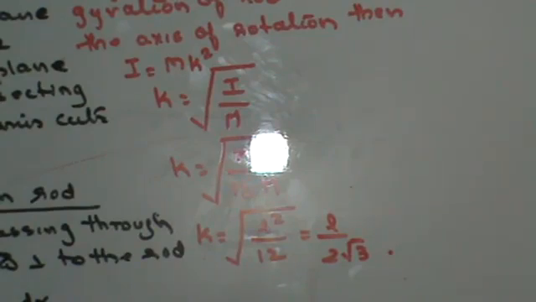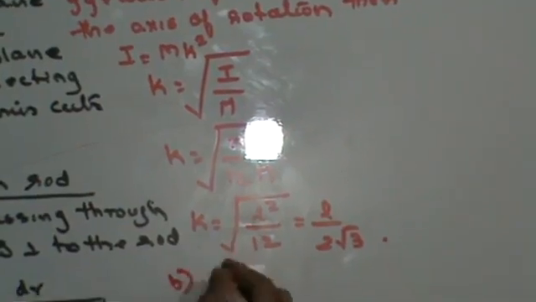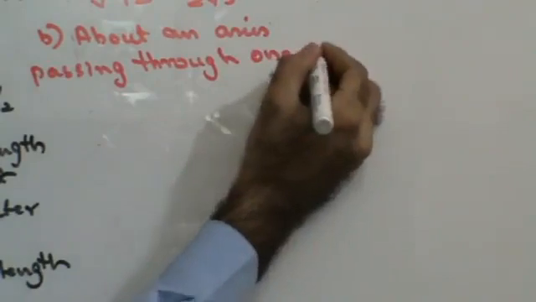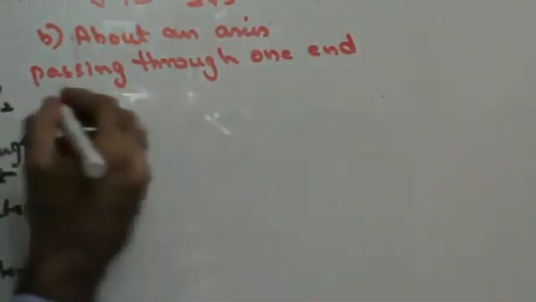Now, let's try to find out the moment of inertia of the rod about an axis passing through one end and perpendicular to the rod. So far we were rotating the rod about an axis passing through the center. What if I want to rotate the rod through one end of the rod? For example, I'll show you this.